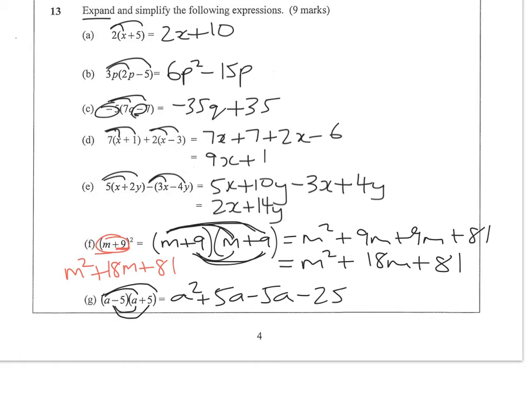Plus 5a minus 5a, they cancel each other out, so we're just left with a squared minus 25. Or the quicker way is simply with a bracket that is exactly the same apart from minus and plus, or plus and minus, we square the first term, a squared, we square the second term, which is 5 squared, 25, and there must be a minus in between.